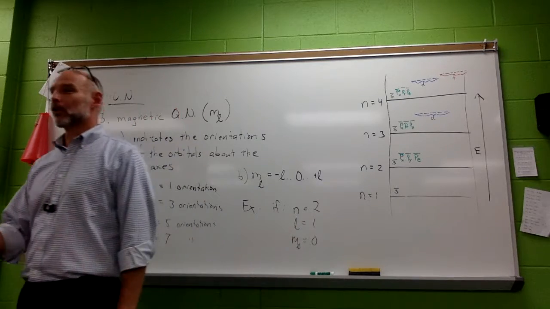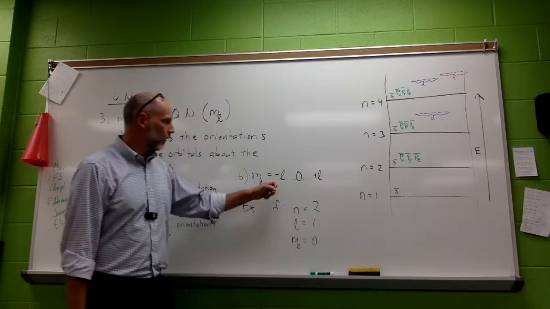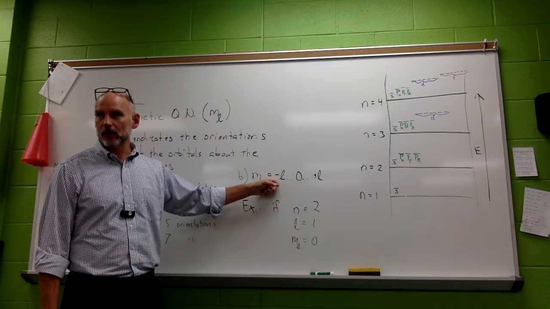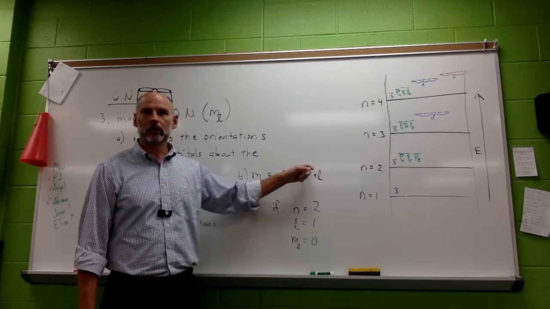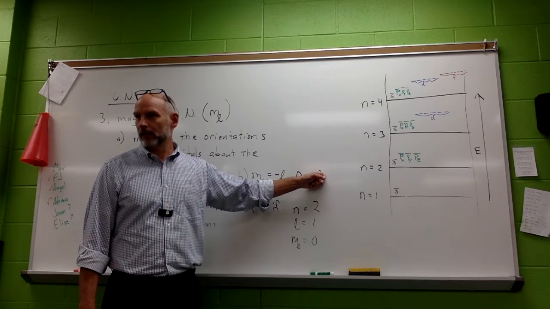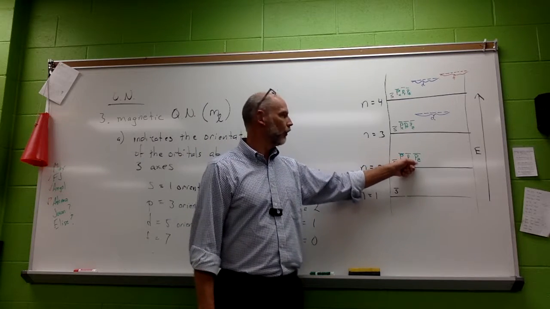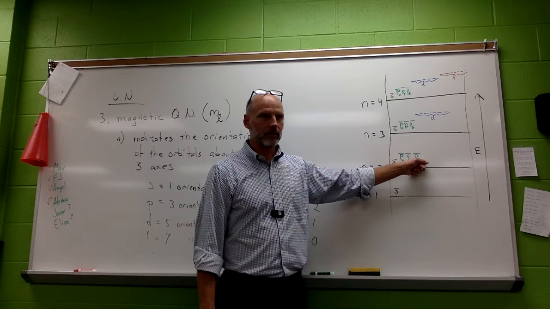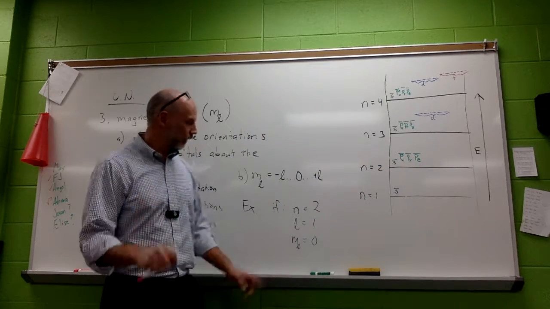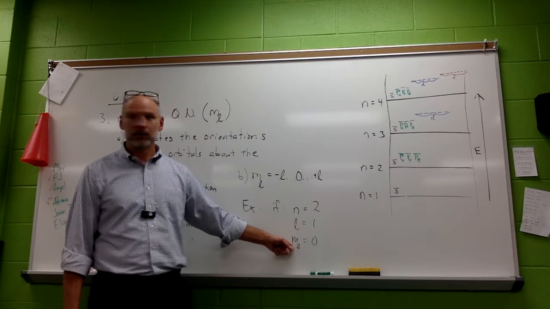Now, which p orbital is it in? Well, if L equals 1, what are my possible values for M sub L? Negative 1, 0, positive 1. Watch this. Negative 1, 0, positive 1. See where I'm going with that? So in this particular example, where's that electron?